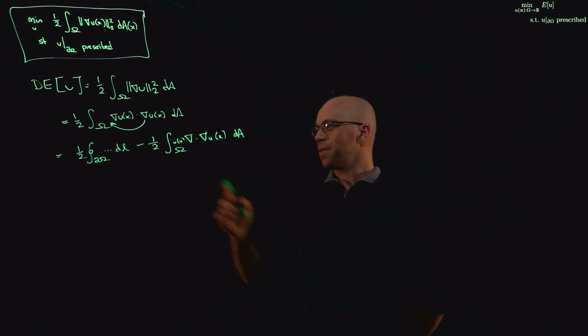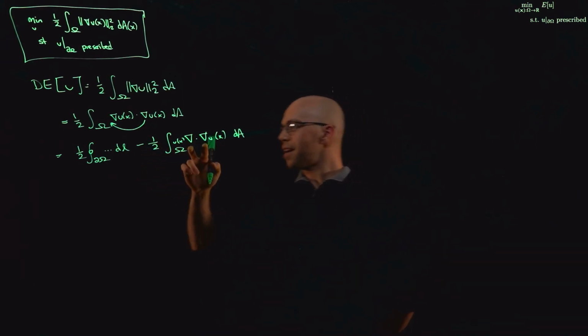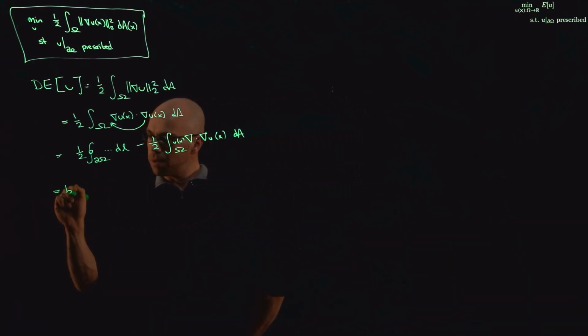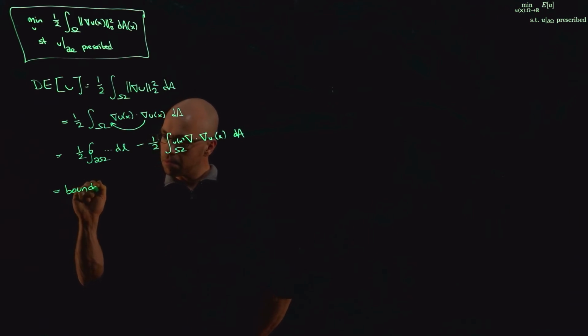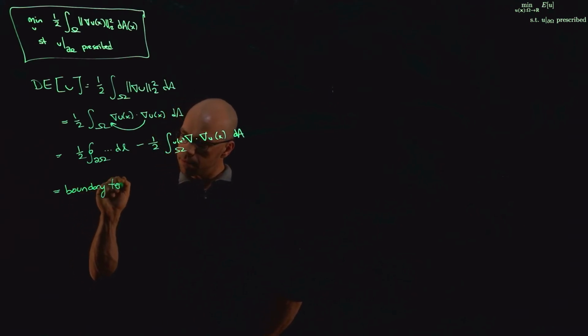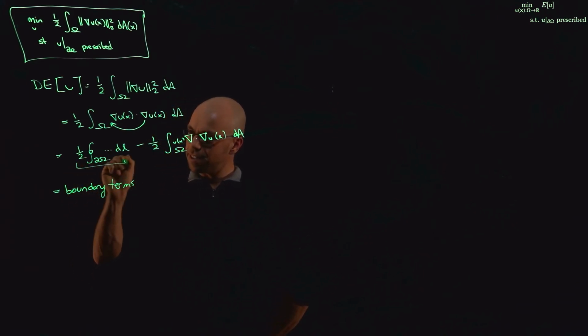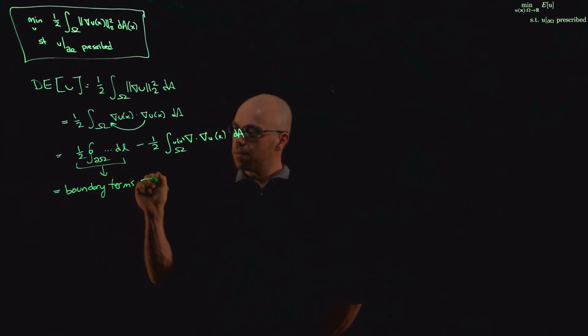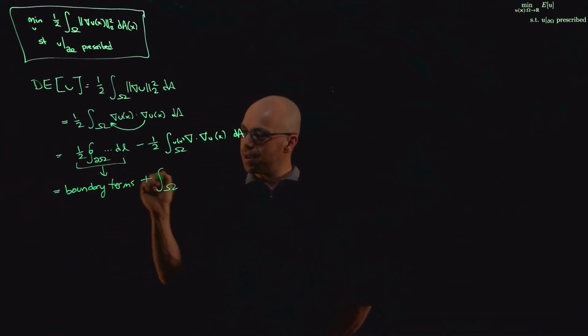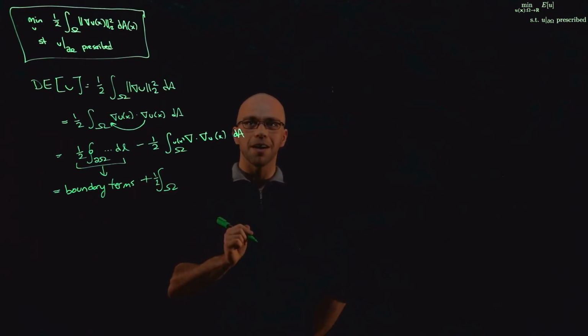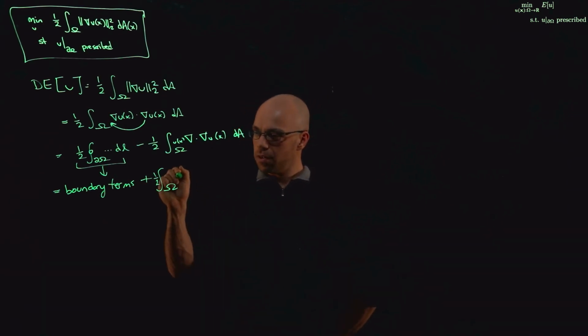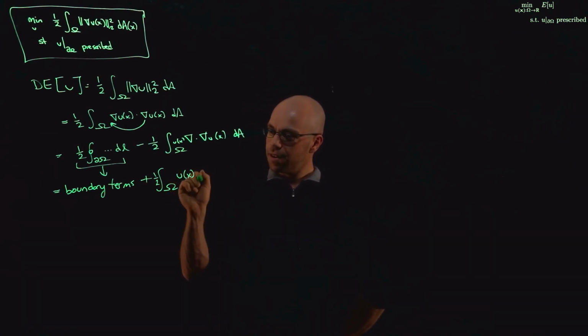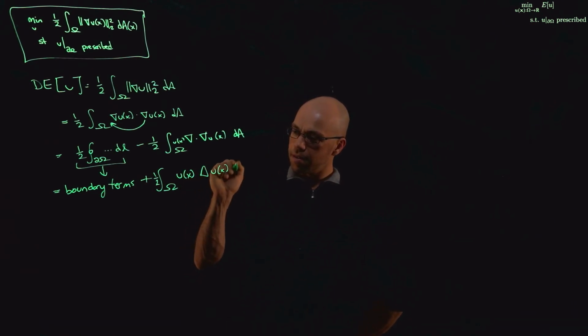But aha, we have a minus div of grad, so this is nothing more than boundary terms, right? That's this ... that I've written here, plus the integral over omega scaled by 1/2 of u of x times the Laplacian of u at x dA.